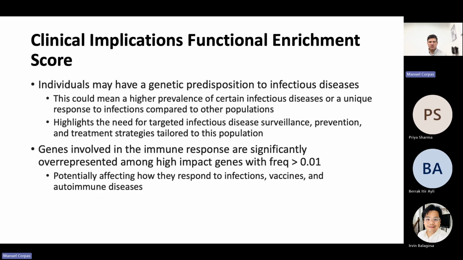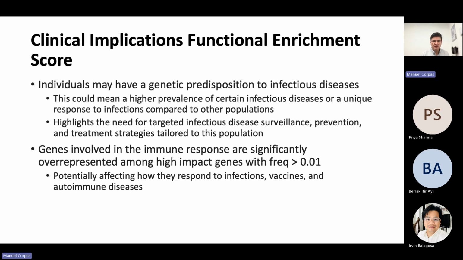So what this means potentially is that individuals may have a predisposition to infectious diseases for these uniquely frequent Peruvian disrupted genes. And that means that they could have, for instance, higher prevalence of certain infectious diseases, and highlights the need for targeted infectious disease surveillance, prevention, and treatment strategies.